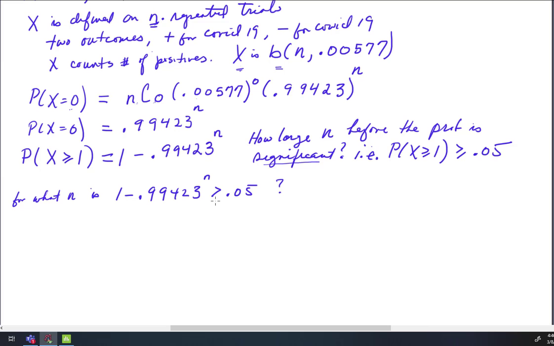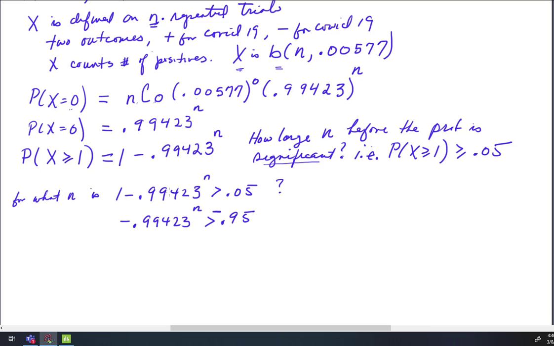Let's transpose the 1 to the right-hand side. So negative 0.99423 to the power n would be greater than, now this would be 0.05, and when I transpose this, it would be minus 1. So this would be negative 0.95.